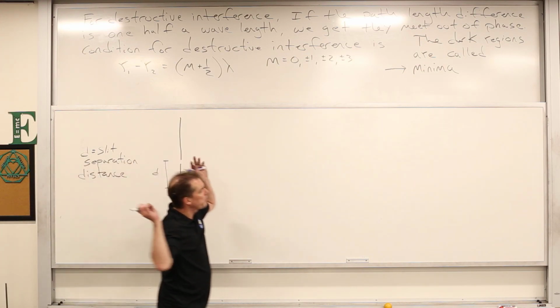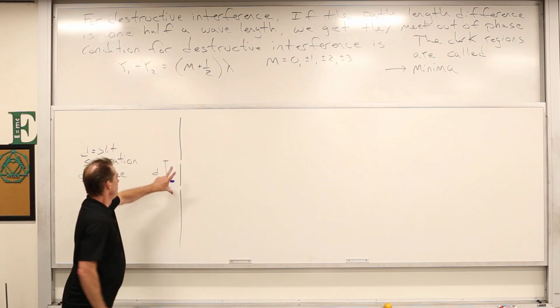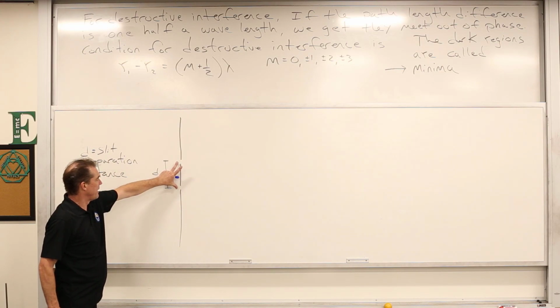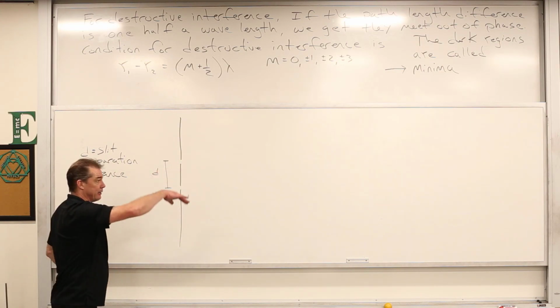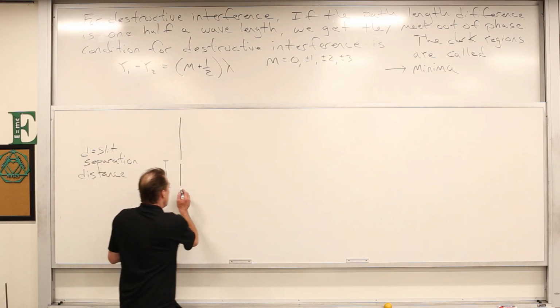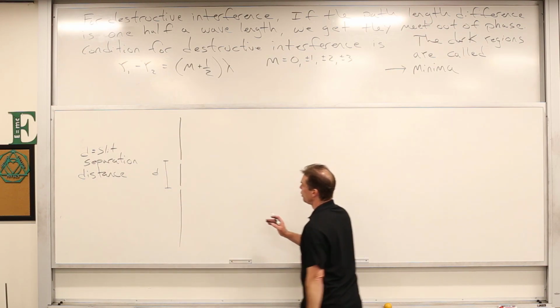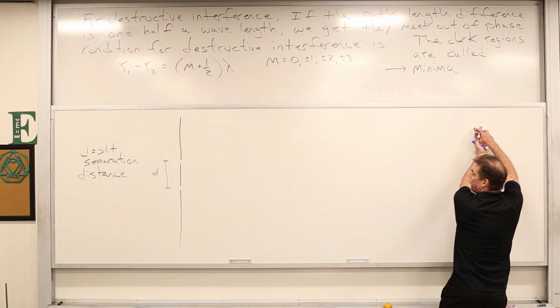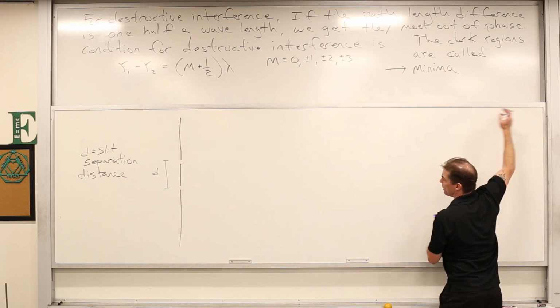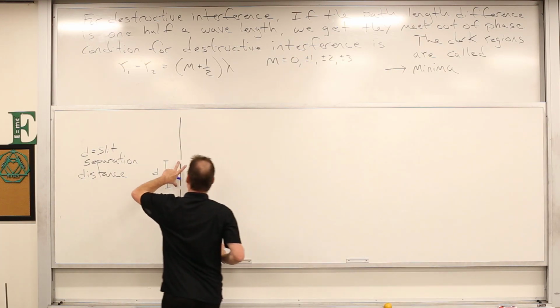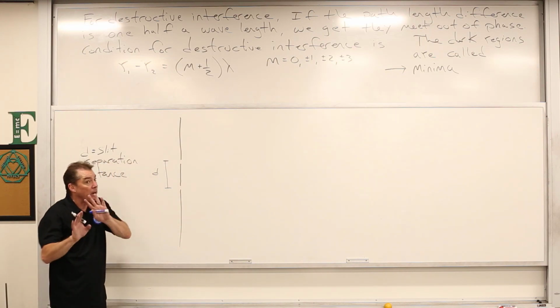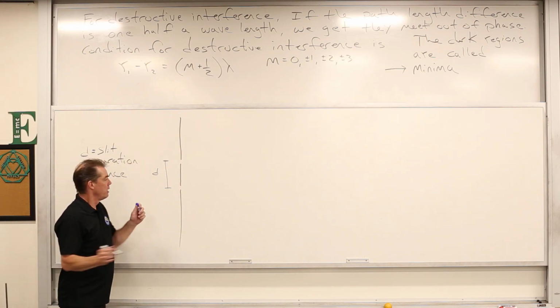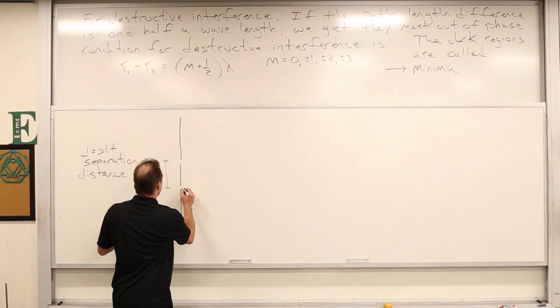We're going to say there's some screen way, way far away, much farther away than the actual spacing of this. So I'm not even going to draw it out. But ultimately, two beams or two paths are going to converge somewhere. But since the screen's really far away compared to this, those two beams look very, very near parallel to one another. So let's draw this.